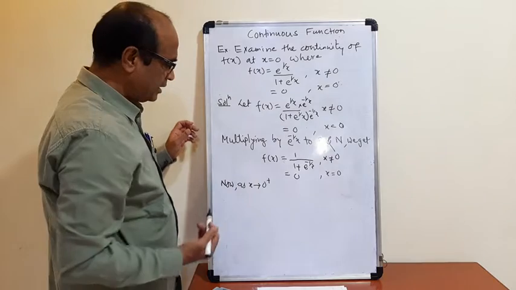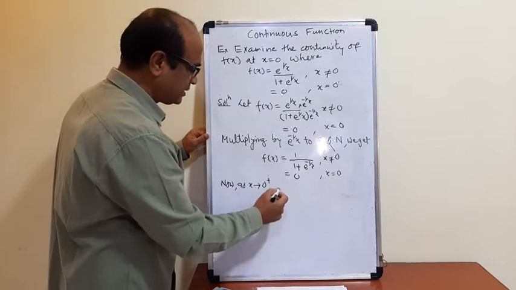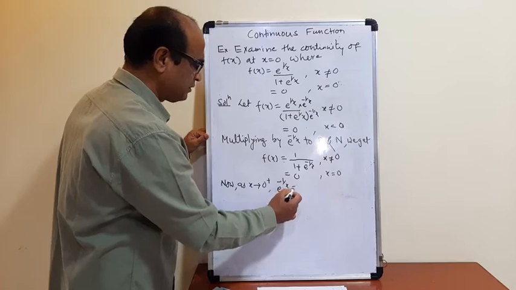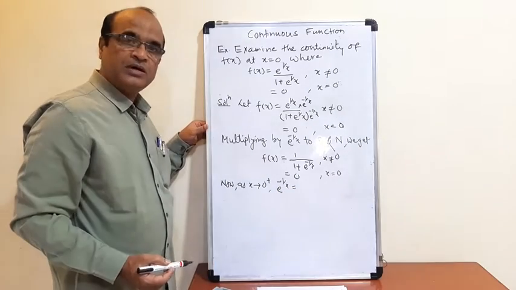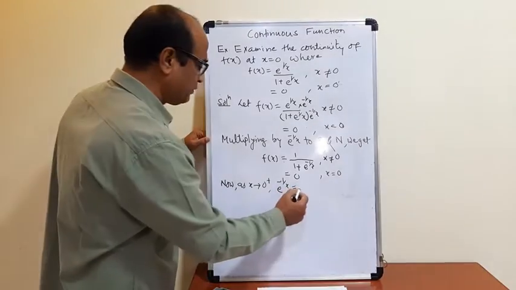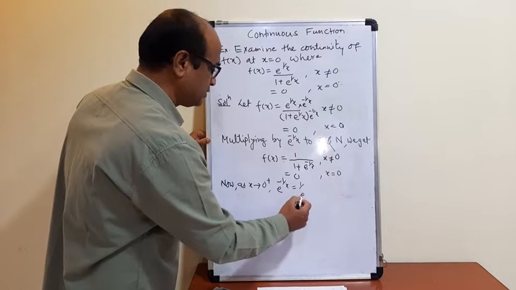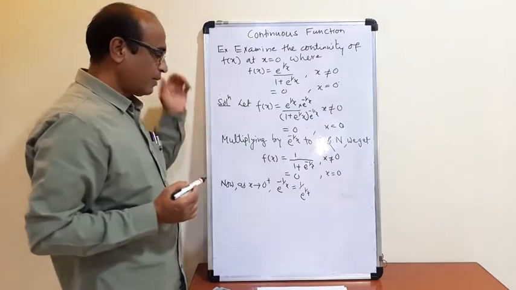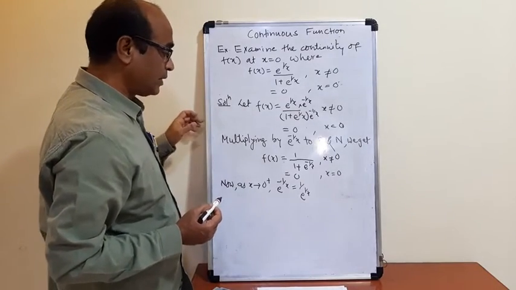So what happens? This is e raised to minus 1/x, so this is equal to 1 upon e raised to 1/x.